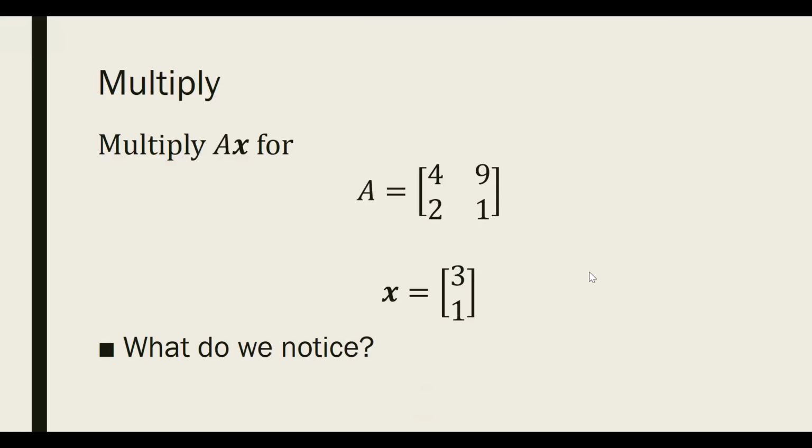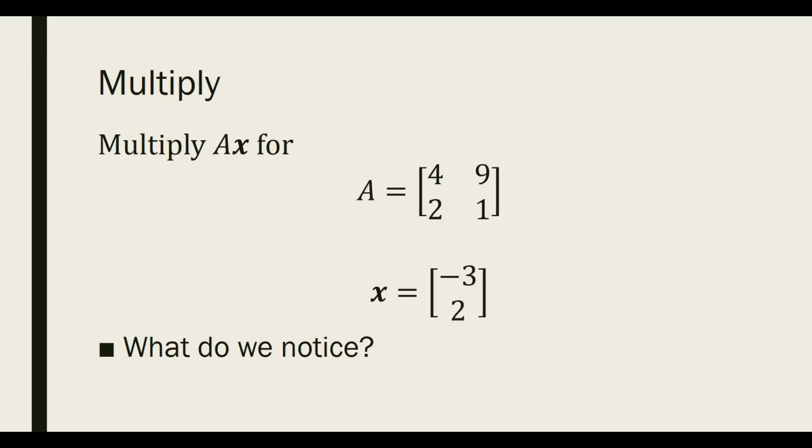Now, obviously, this case was unique, so I'd like you to try the same thing. See what happens when you multiply that same matrix A times the vector negative 3, 2. And then also try to multiply that matrix A times the vector 1, 4.